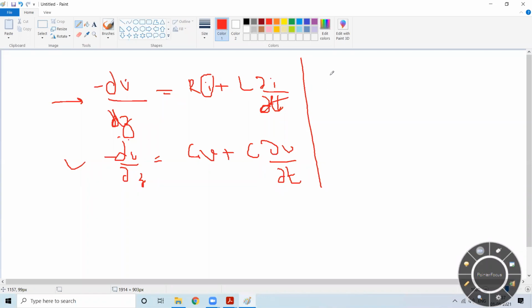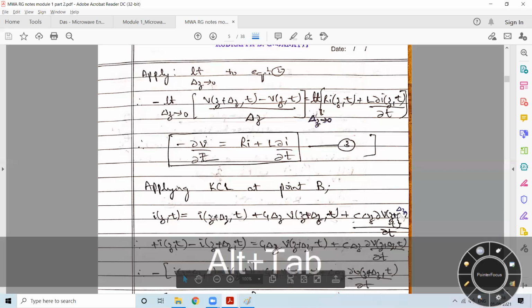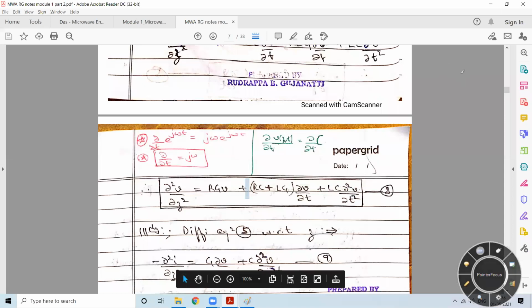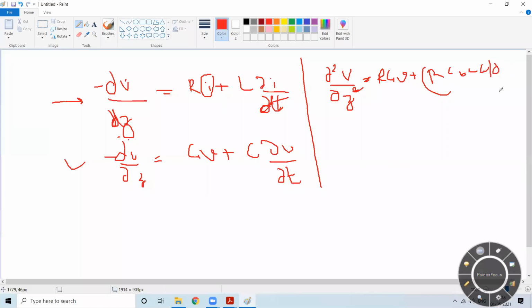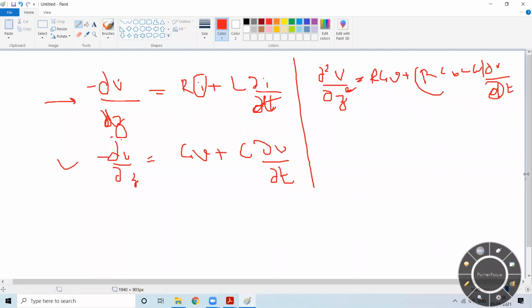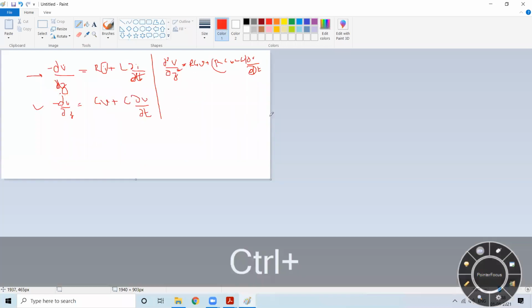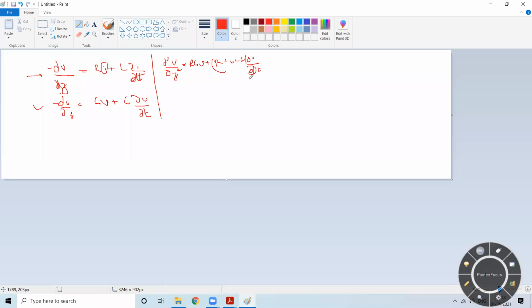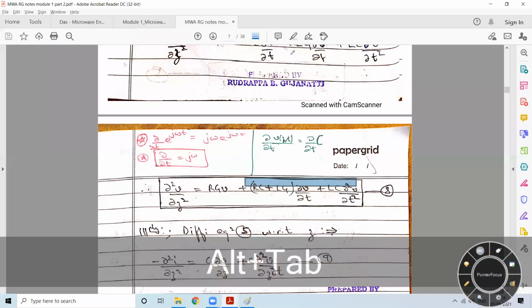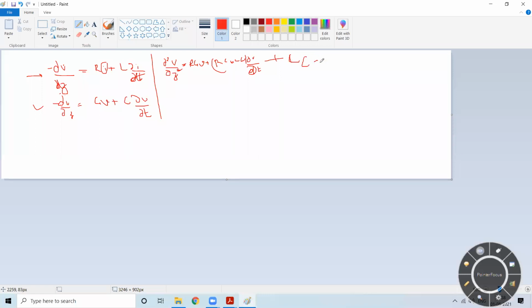Once we did that and simplified, we obtained the equation for dou square v by dou z square, which was equal to RG into v plus (RC plus LG) into dou v by dou t, and the last term, LC into dou square v by dou t square.